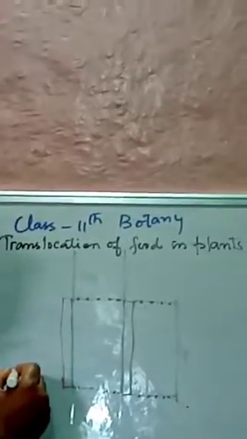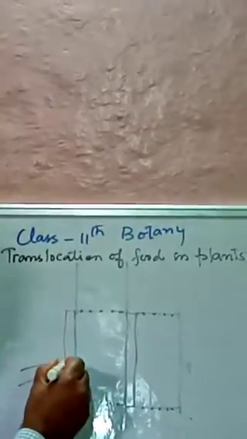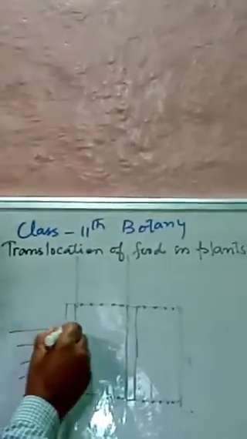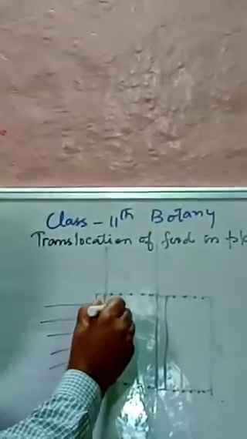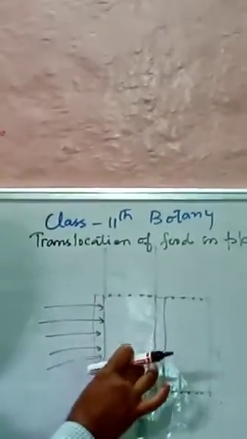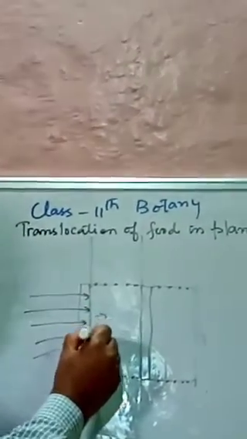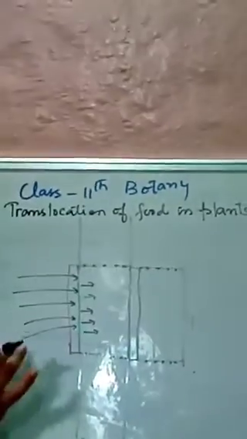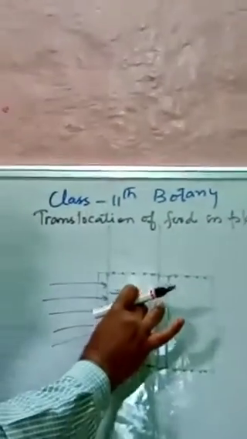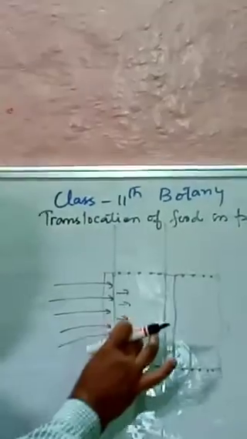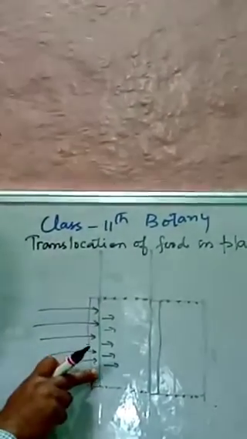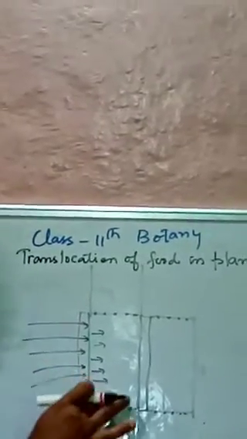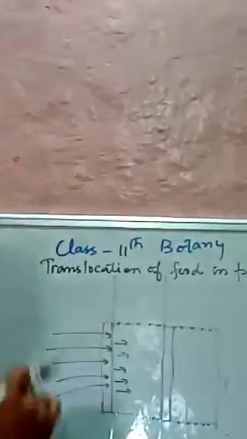It enters into this companion cell as sucrose, and ultimately it reaches what we call this sieve tube. So it does not directly make its way into this sieve tube, but it first enters through this companion cell. Then it enters into this sieve tube.